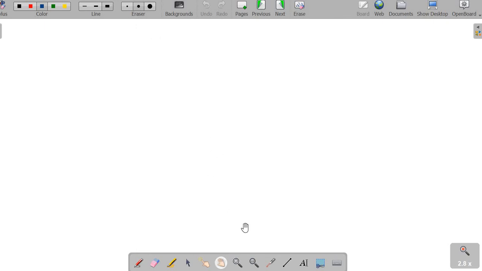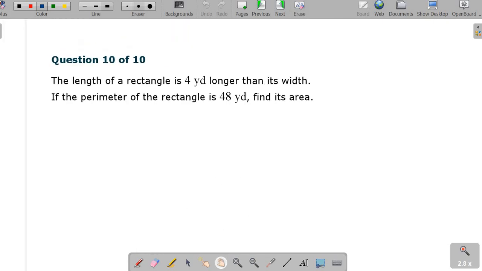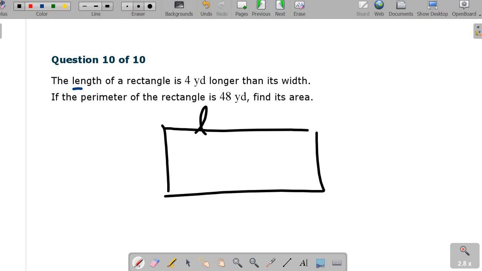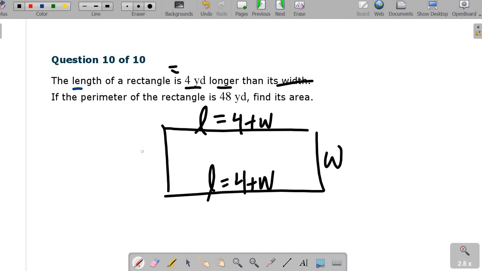Problem 10. It says the length of a rectangle is, it's an equal sign, 4 yards longer than its width. So that's 4 plus W. Once again, we're told the perimeter is 48.